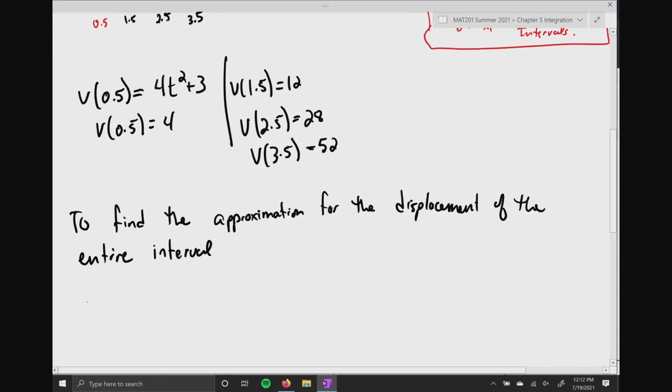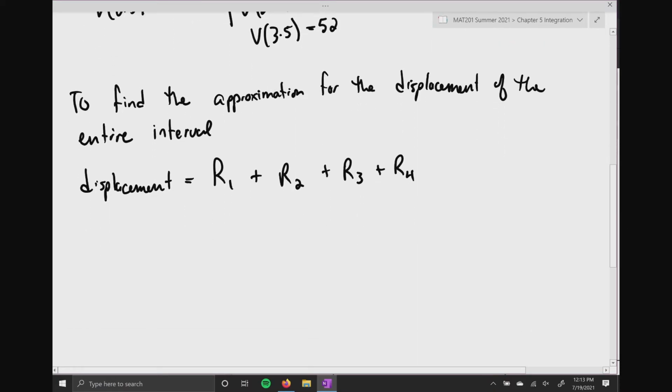So our displacement is going to equal rectangle 1 plus rectangle 2 plus rectangle 3 plus rectangle 4.